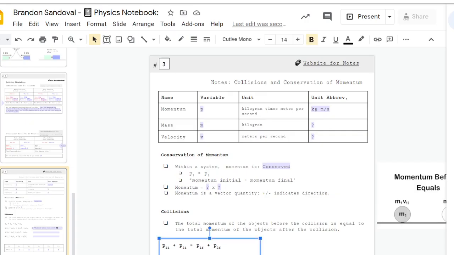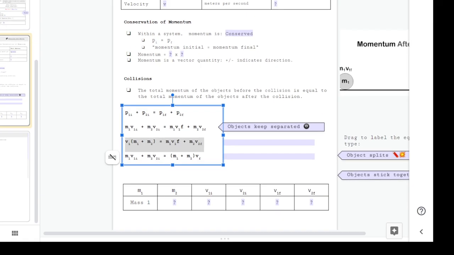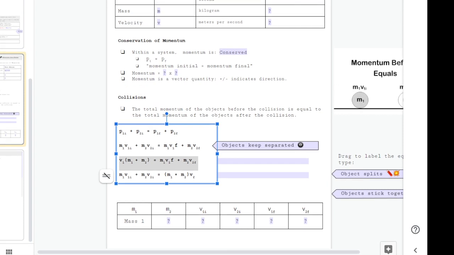Now, for this next one, we just have one velocity initially, and then I should have just put VI, not V1, but the initial velocity of these two objects together is equal to the mass times velocity 1 final.